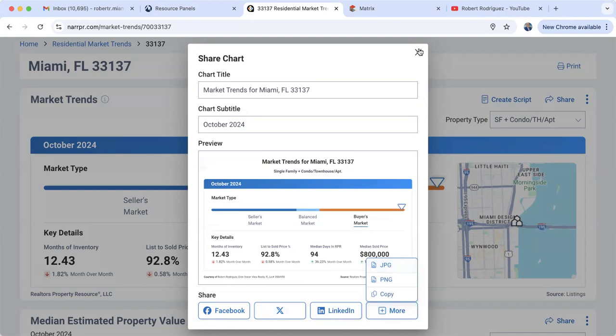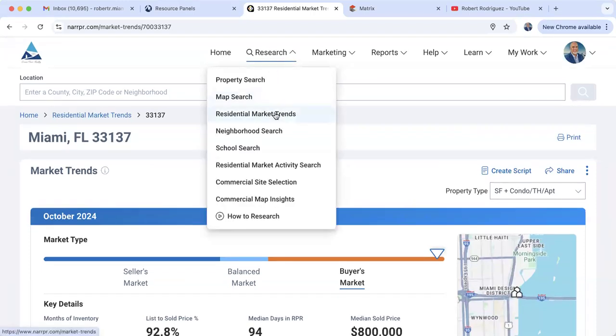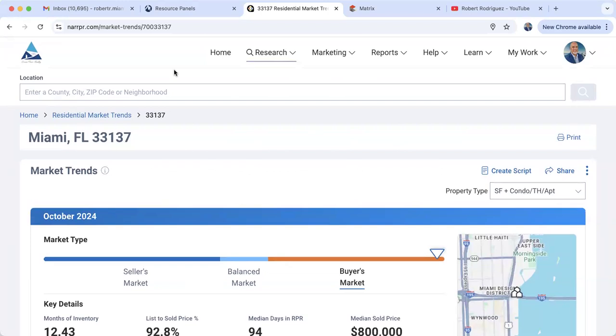All right, guys, so that's the residential market trends. As a reminder, you can do this for any area in all of the US. RPR is truly nationwide. All you need to do is put in a zip code or a city up here, and it's going to give you the residential market trends for that area, and you can run that too.